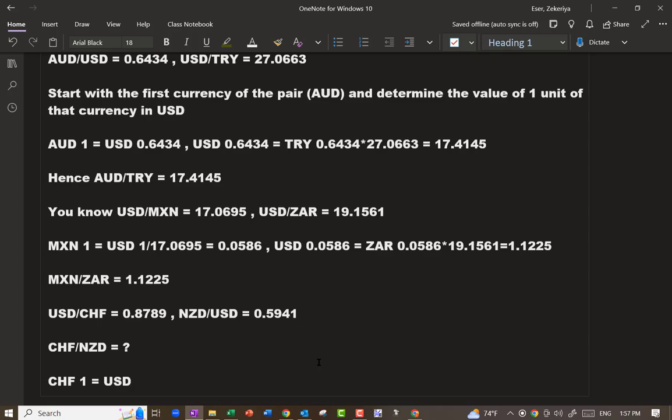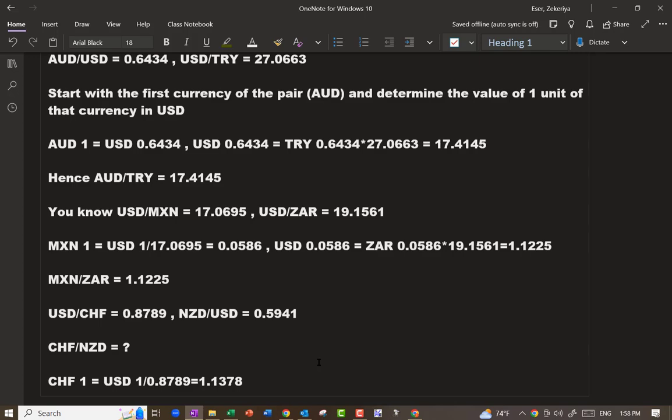So is Swiss franc in this case quoted the direct way or the indirect way? If dollar is first, it's indirect. If dollar is second, it's direct. Okay? So it's indirect. If it's indirect, the value of that currency in dollars is the reciprocal of the exchange rate. So that's going to be equal to 1 over 0.8789. So 100 Swiss francs is going to get you $113.78. Okay.